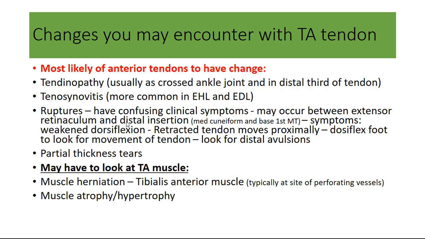So you do need to follow it all the way down to its insertion onto that cuneiform and base of the first metatarsal. You can get partial thickness tears, and looking at that tibialis anterior muscle and that musculotendinous junction is quite important. As I said, you can get muscle herniations, and you can also get atrophy and hypertrophy of that tibialis anterior muscle as well. These muscle herniations generally occur at sites of perforating vessels.